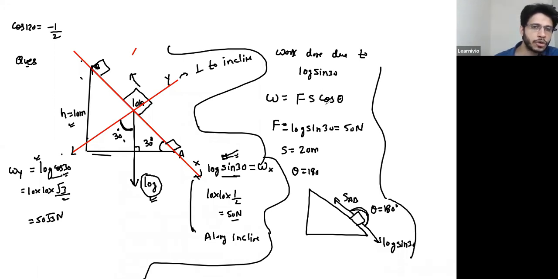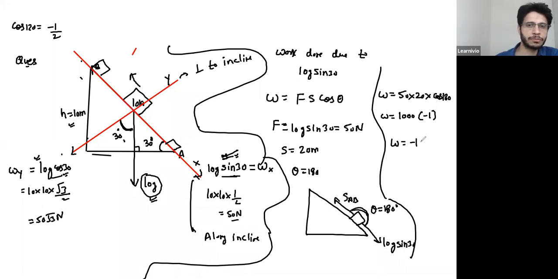So if I substitute all values here, work done will be F, which is 50, S, which is 20, cos theta, which is cos 180. Cos 180 is minus 1.